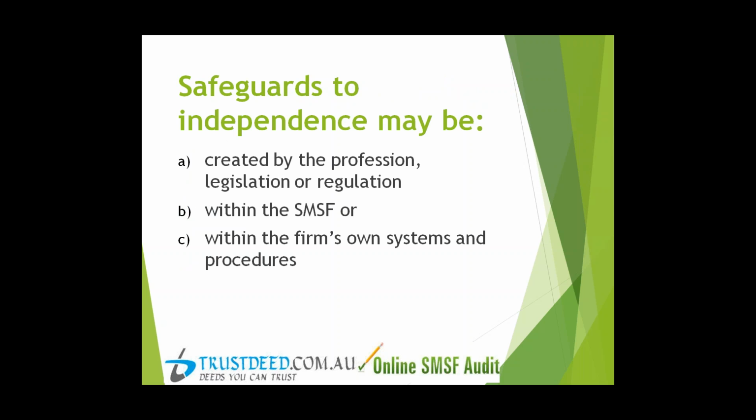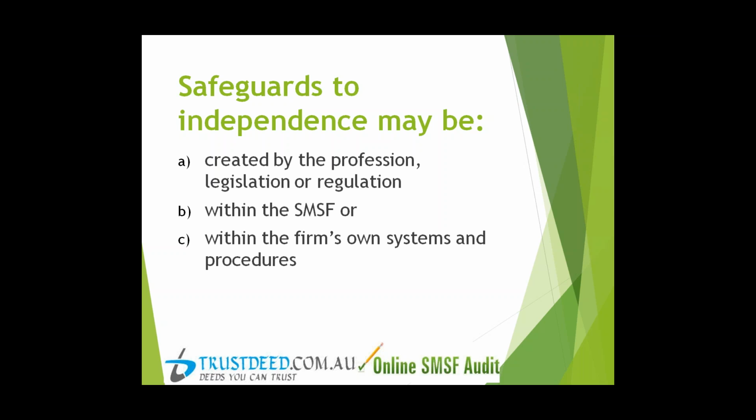Safeguards to independence may be created by the profession, in legislation or regulation, maybe within the SMSF, or within the firm's own systems and procedures. Safeguards created by the profession or regulation generally include external review of the firm's quality control system, or legislation covering the independence requirements of the firm.